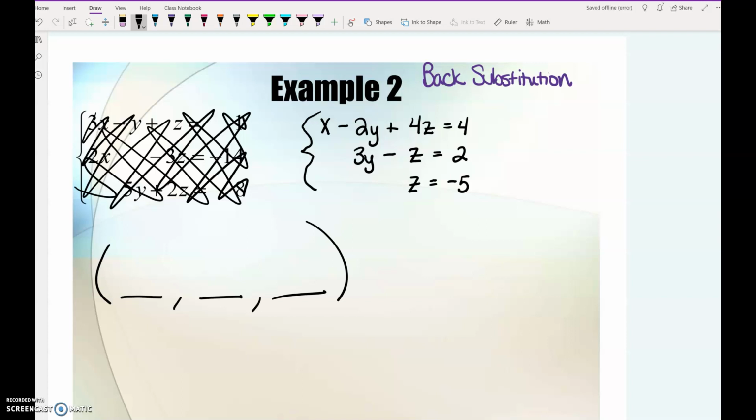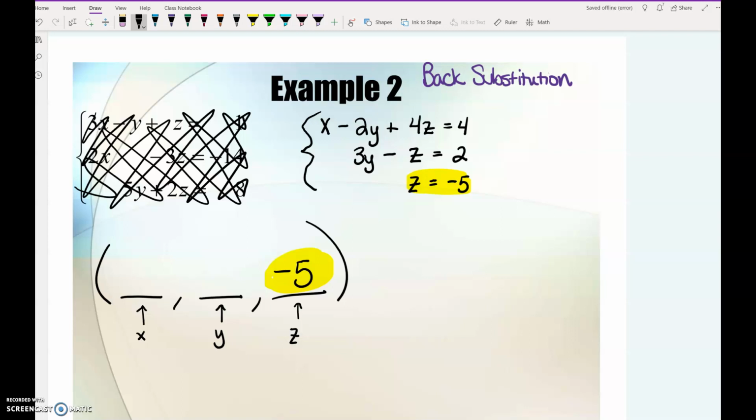The first one is whatever x equals, the second blank is for y, and the third blank is for z. So it's like an ordered pair of x and y, we just add a third blank and that's where z goes. The nice thing about this particular system is that we already know what one of our variables equals. So I already know that z is -5.